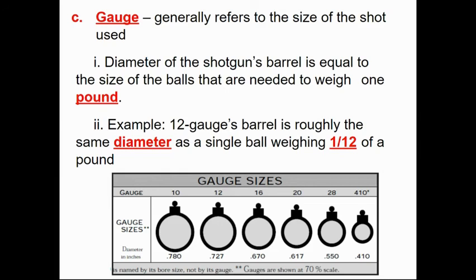If you have questions, let me know and I will help clarify that. But for example, if I had a 12 gauge shotgun, the barrel is roughly the same diameter as a single ball that would weigh 1/12 of a pound. Again, that may not be real clear to you right now, and just for the sake of trying not to make this video any longer than it already is, we'll come back to that topic.